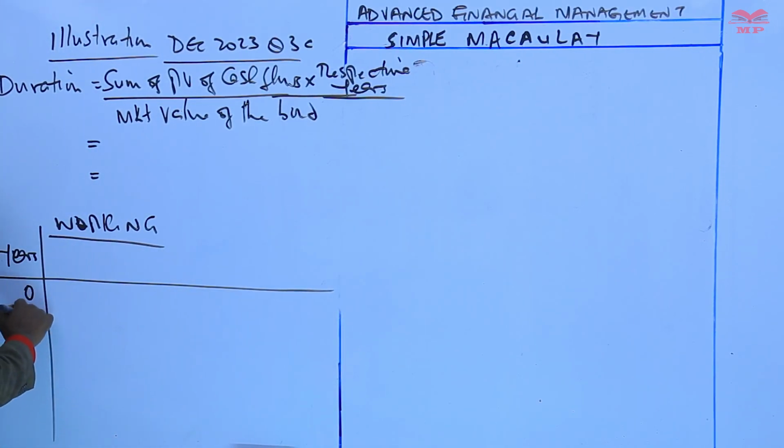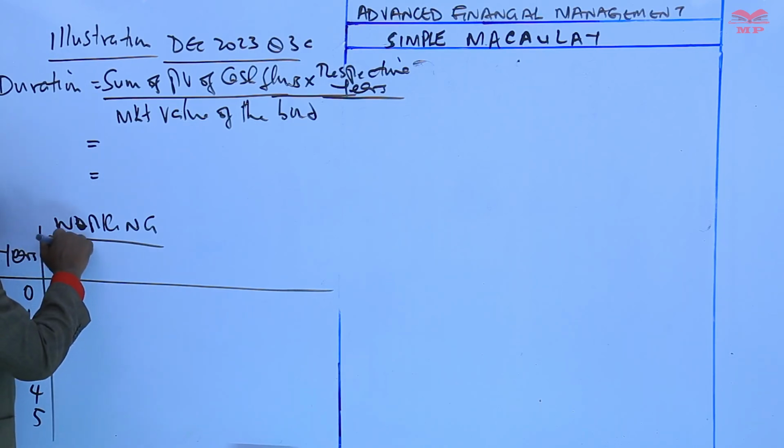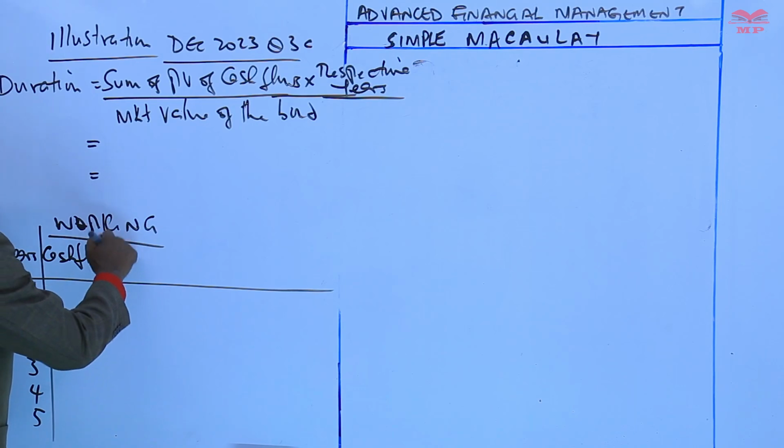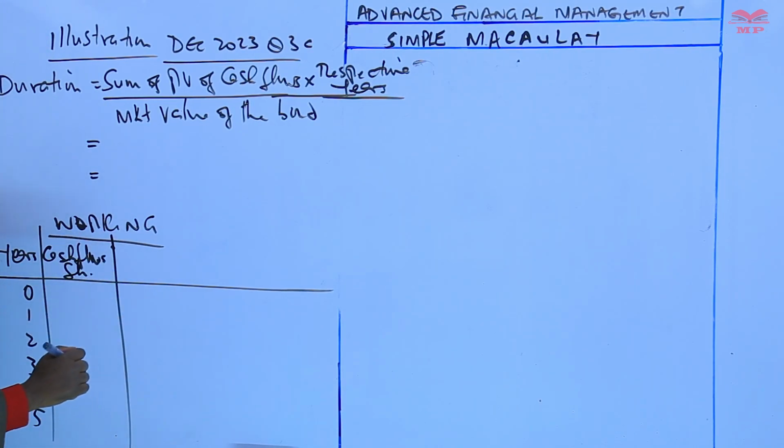We have 1, 2, 3, 4, 5, as read in the first sentence, a bond with 5-year to maturity. Then the next column here is cash flows, and these cash flows are in shillings.